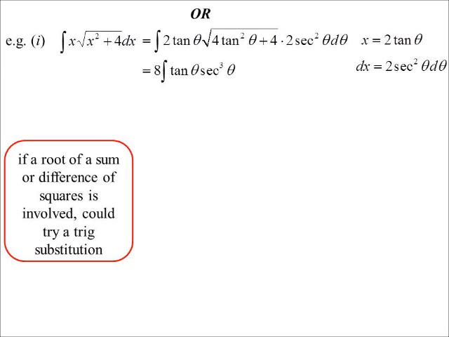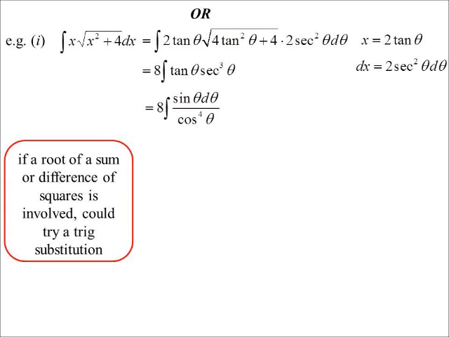So all up then we've got 2 times 2 times 2, which is 8, tan times sec squared, which is tan theta sec cubed. Now to integrate this, I rewrite it in terms of sine and cos. So tan is sine on cos. Sec cubed is 1 on cos cubed. So I end up with sine theta d theta on cos to the power of 4.